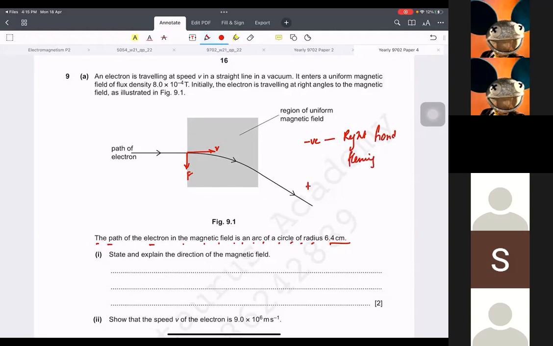For positive current or charge, you use left hand. So you just switch the hand. From the right hand, your thumb should be here, your middle finger should be towards V. Okay. So your index finger, you notice that it's going into the page.